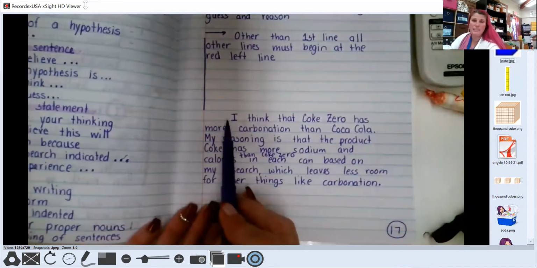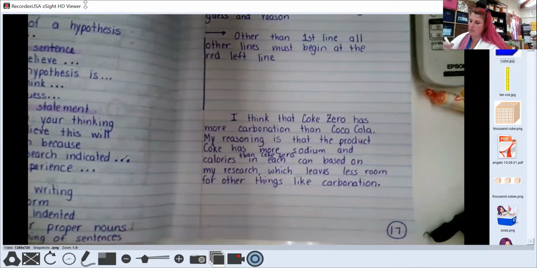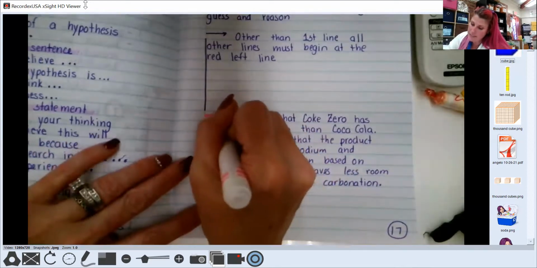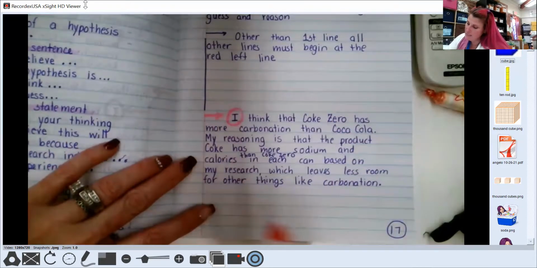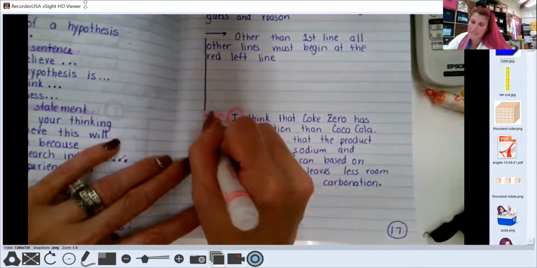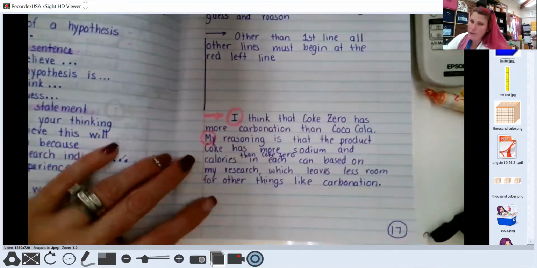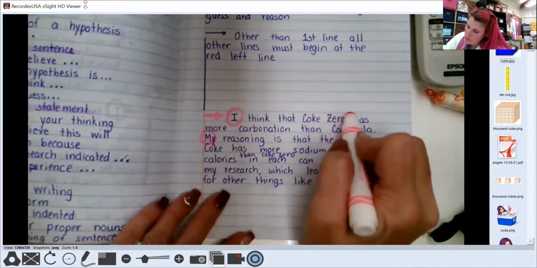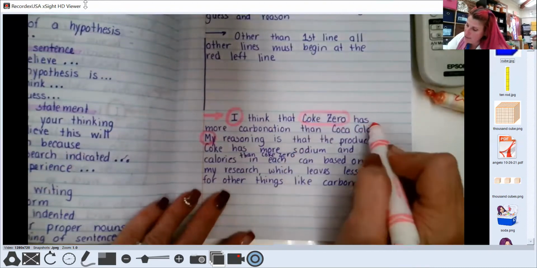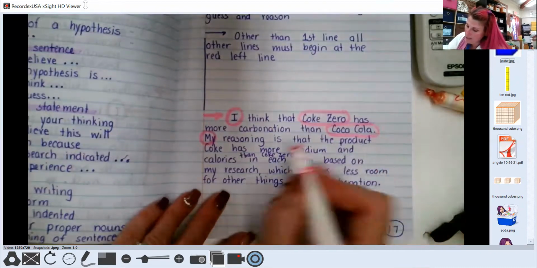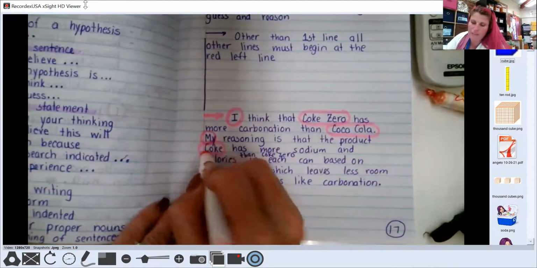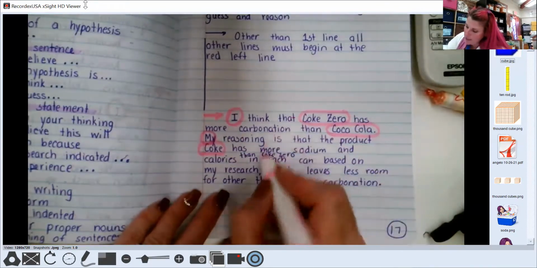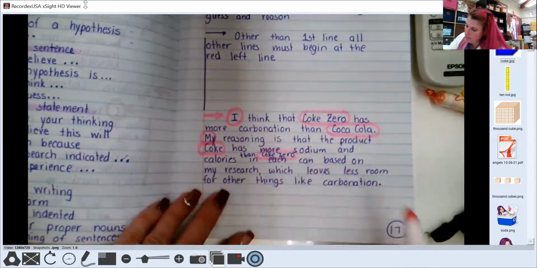So first line's indented. Let me get my fill marker here. First line is indented. Beginning of my sentence, both are capital. Proper nouns. Coke Zero is a proper noun, it's capitalized. Coca-Cola is a proper noun, it's capitalized. I have Coke here, which is a nickname for Coca-Cola, it's capitalized. Here's another Coke Zero, it's capitalized.